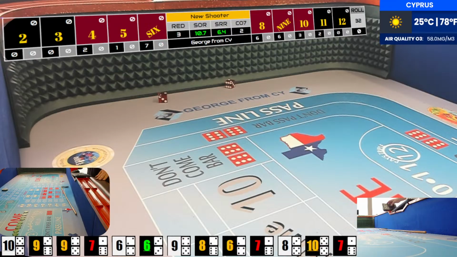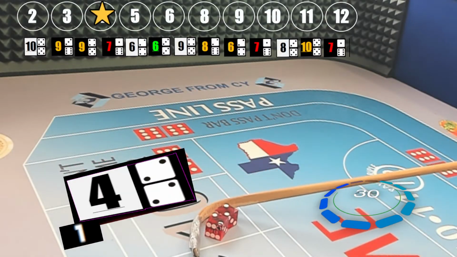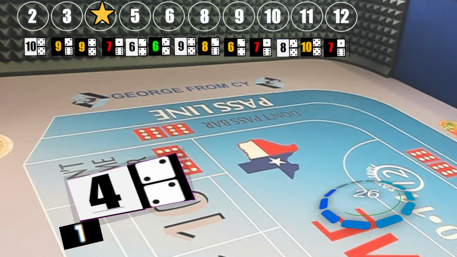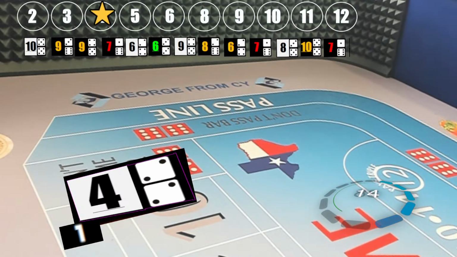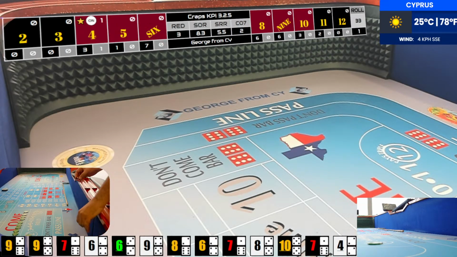Heart 4. Number 1. Six, 5, 3, 6. Oh, come on. 2, 5.